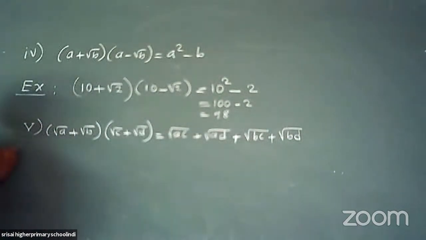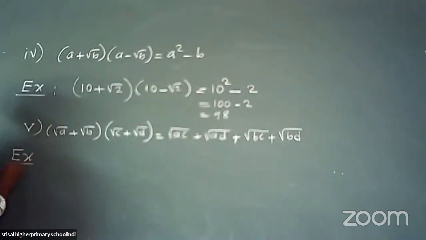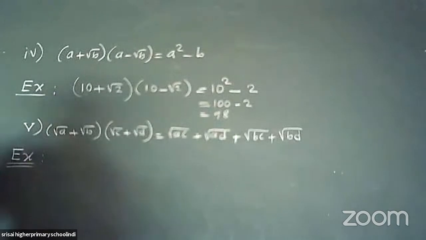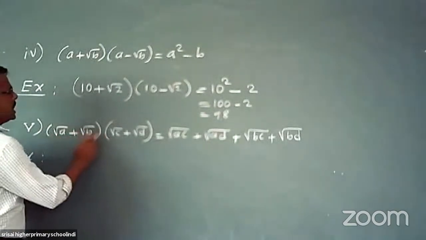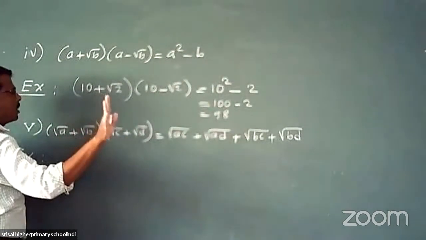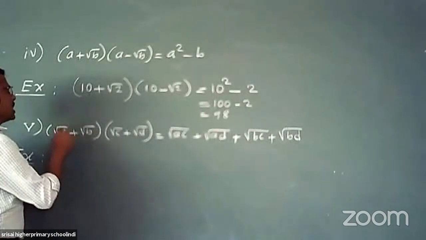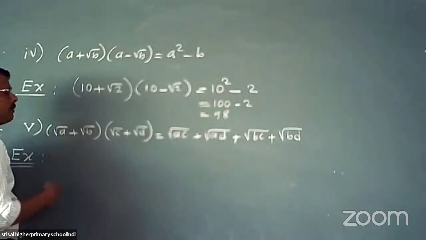So one example. Square root of A, B, C, D means all four numbers inside the square root are different.